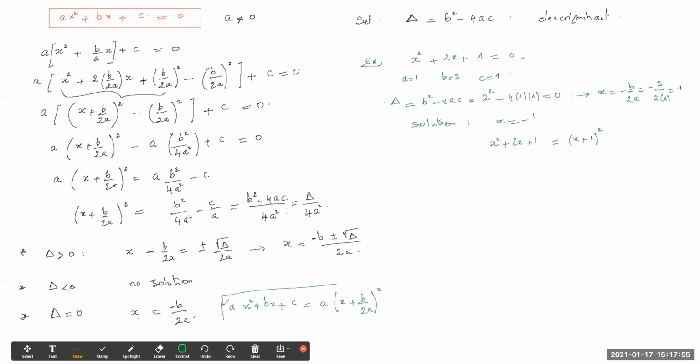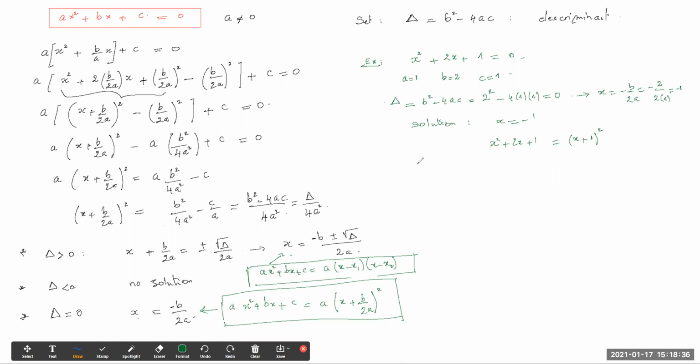So you have this factorization. For the case when we have two roots, you will have ax square plus bx plus c equal a times x minus x1 times x minus x2. So the factor a you have outside. It's important to use this delta expression either to solve an equation, or to have the roots and then factor your expression.